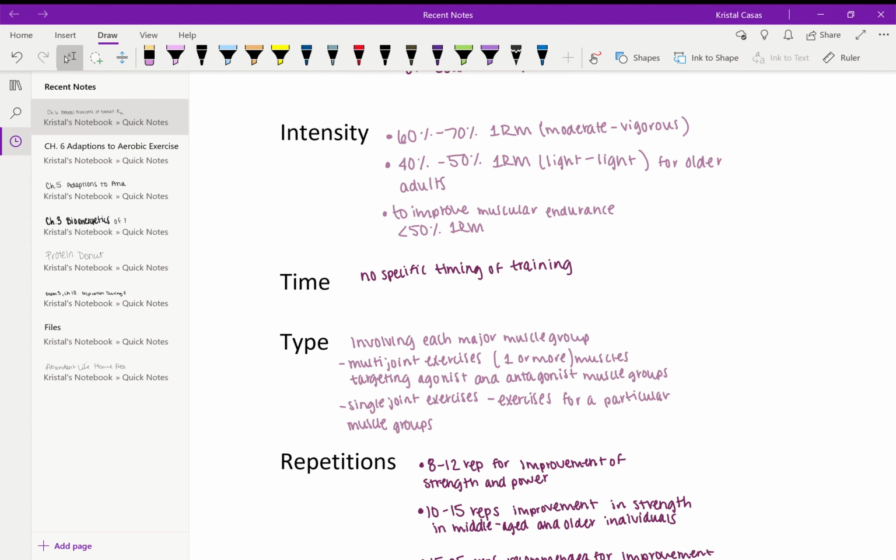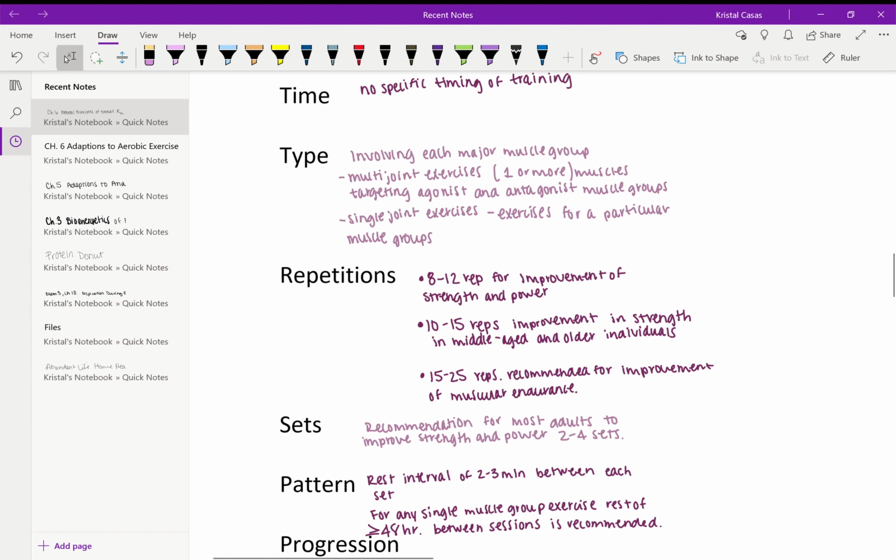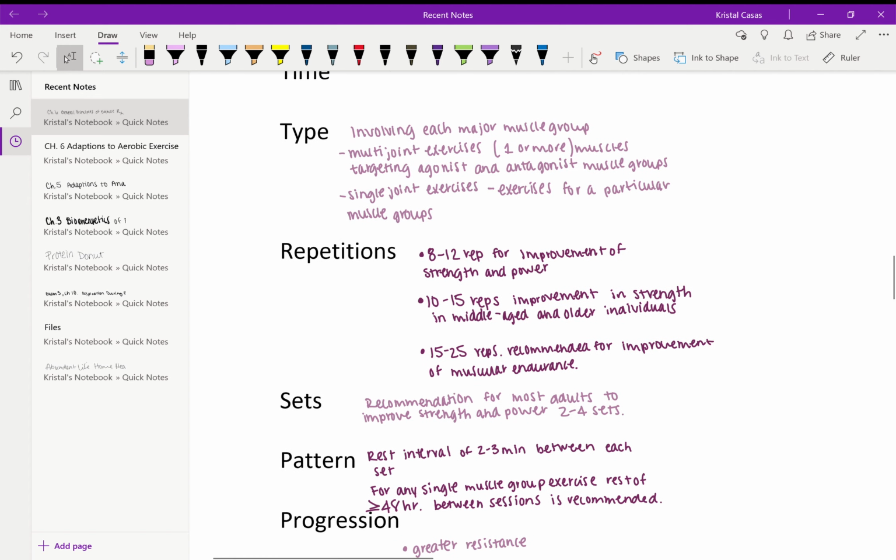To improve muscular endurance, 50% or less 1 RM. There's no specific timing of training. It just depends; you would have to see what your client or patient can do, fatigue-wise, or if they get tired.